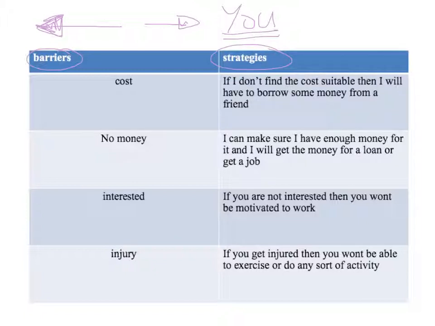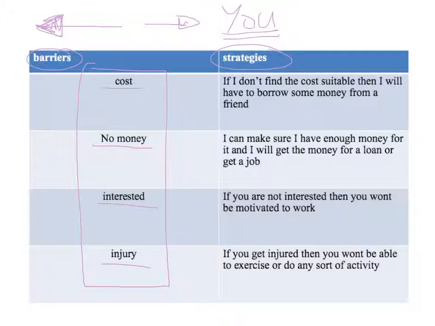In this column here, you need to identify and describe 4 barriers that you personally may face with regard to sport and exercise. What that means is things that may affect you personally that might stop you from doing exercise.